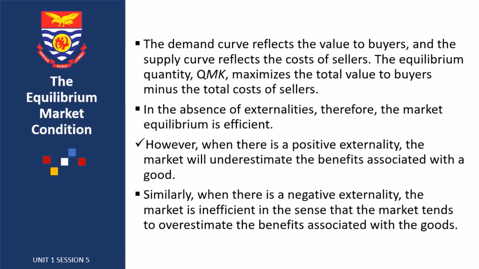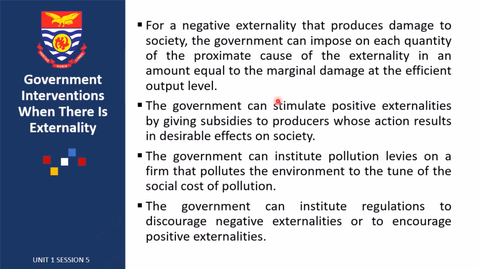Now let's look at how government can intervene when there is externality. For negative externality that produces damage to the society, the government can impose on each of them the approximate cost of the externality in an amount equal to the marginal damage at the efficient output level.